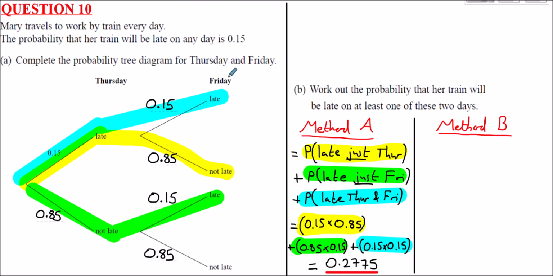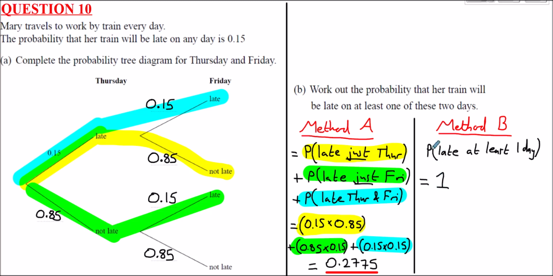Method B is a bit quicker. And so let's think about the scenario where she's late on at least one day. Probability, late at least one day. That's essentially saying that's every single possibility. In probability, everything is a total of 1.